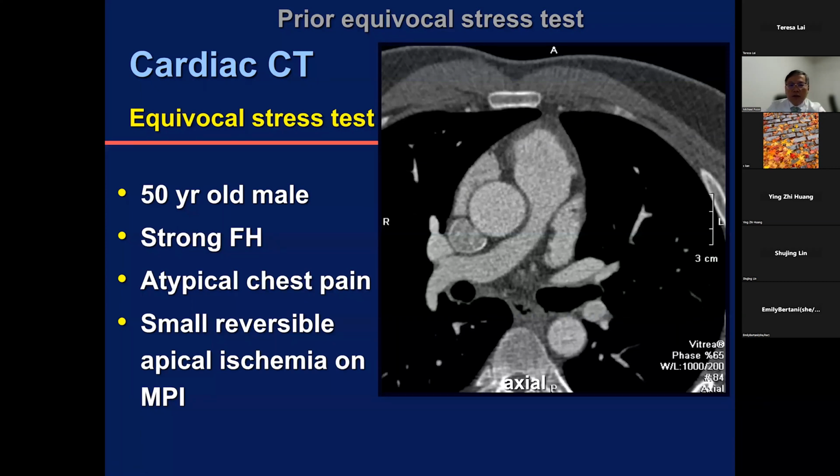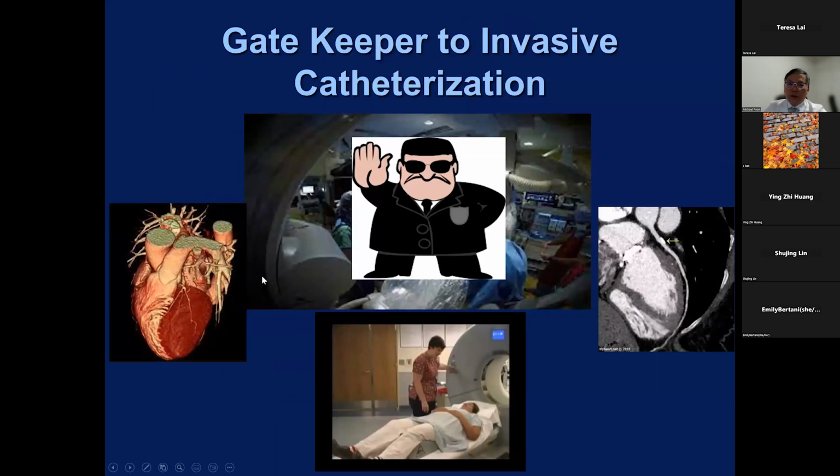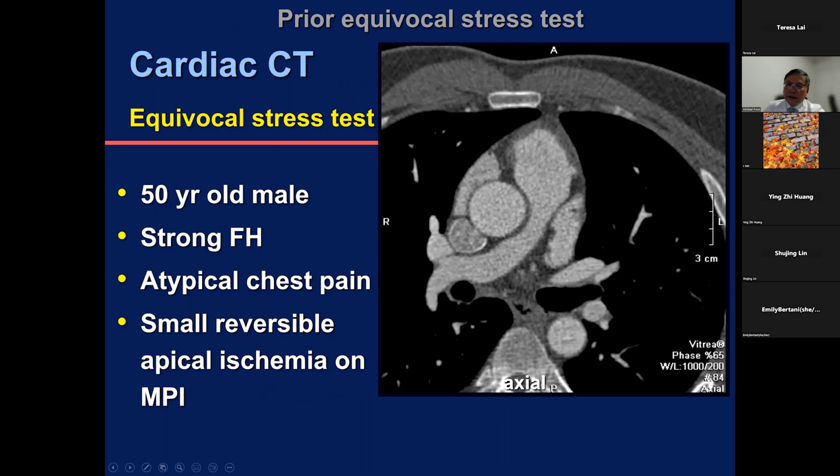The nuclear portion of it shows a small reversible apical ischemia. The patient went on to get a second opinion because the patient was not comfortable with this chest pain, but it appeared to be not such an abnormal nuclear stress test.